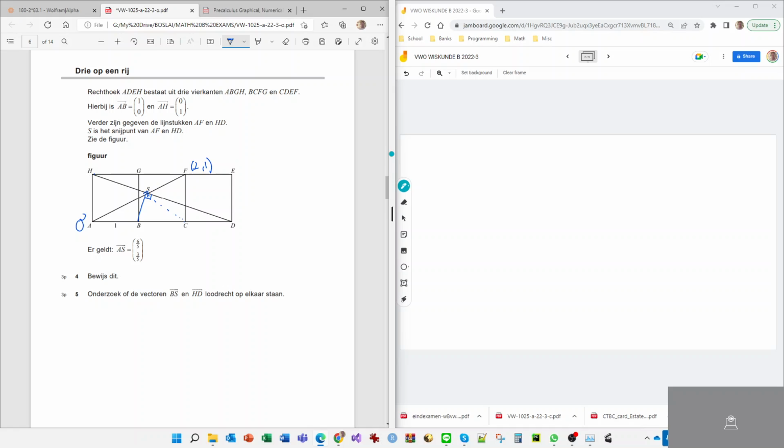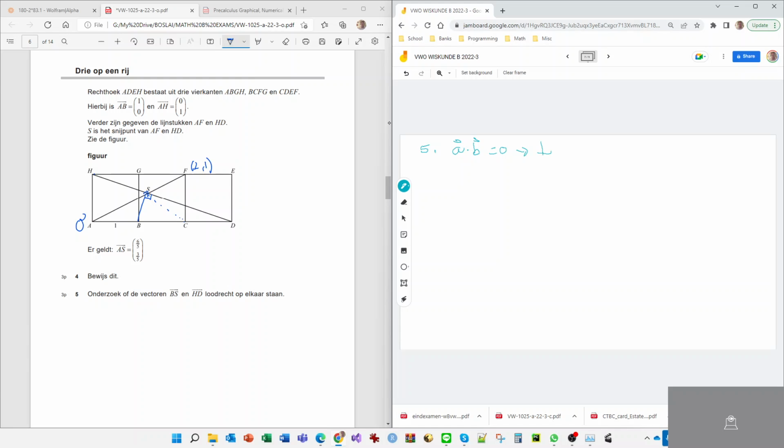So you know that if the inner product between two vectors is 0, it means they are perpendicular. So let's do that.